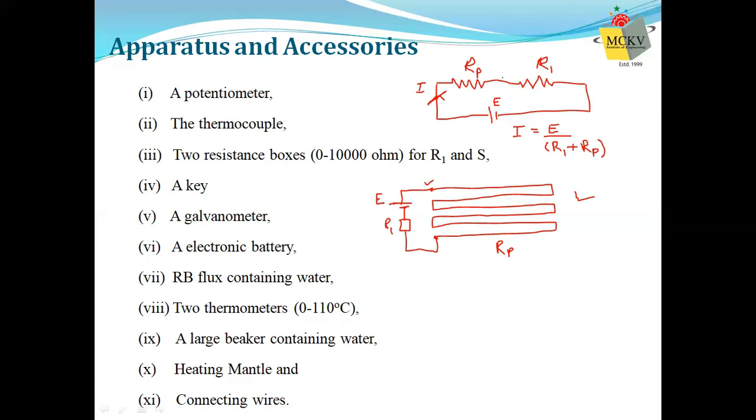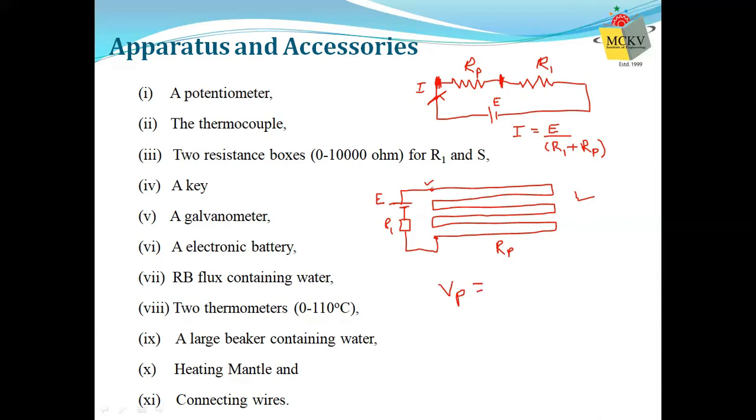So what is the potential drop across the potentiometer? This potential drop, I am making the nodes, that is Vp. The potential drop across the potentiometer.